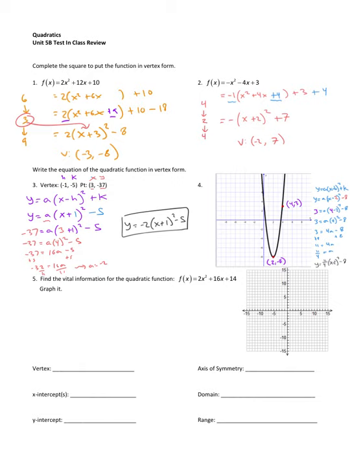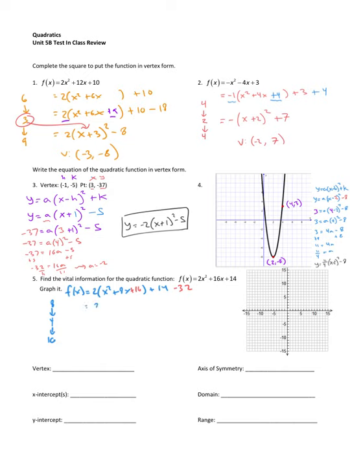So vertex form would be f of x equals, I factor the 2 out, x squared plus 8x plus 14 on the outside, 8, 4, 16, so this will be plus 16, and I've added 32, so I'm going to subtract 32.